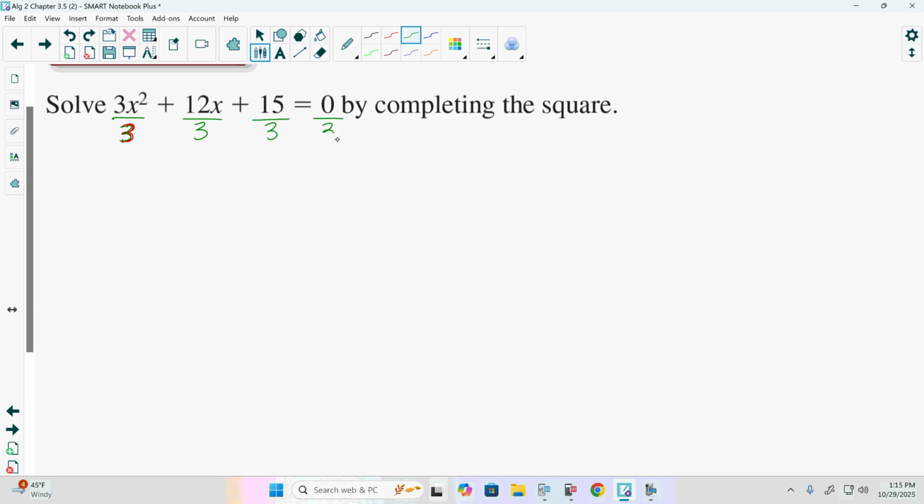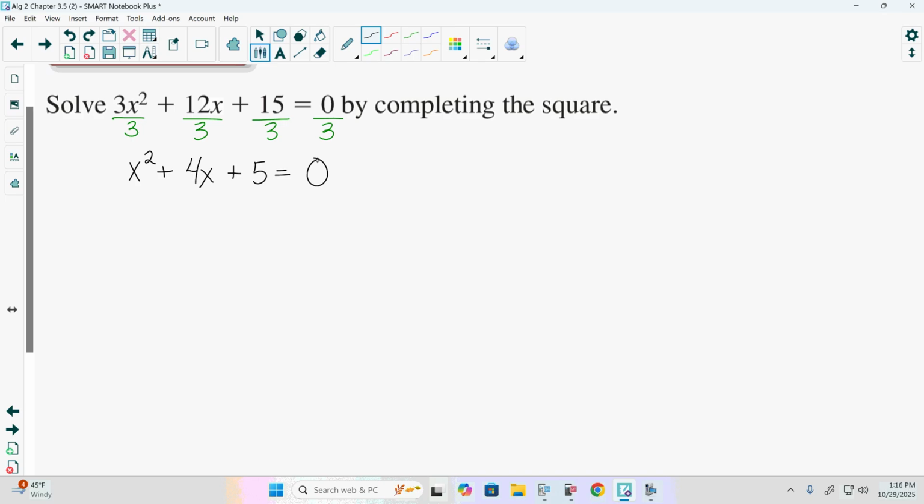But we can't just divide one term by 3. We've got to divide the entire thing, every single term by 3. Well, 3x squared divided by 3 is just x squared. 12x divided by 3 is 4x. 15 divided by 3 is 5.